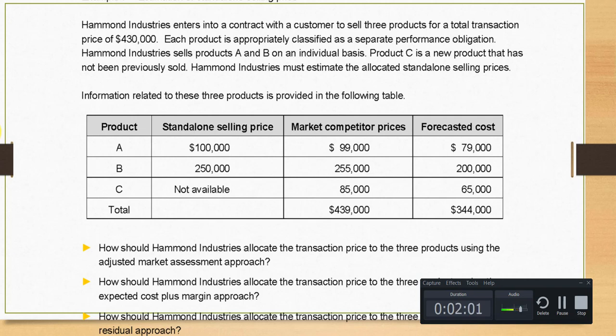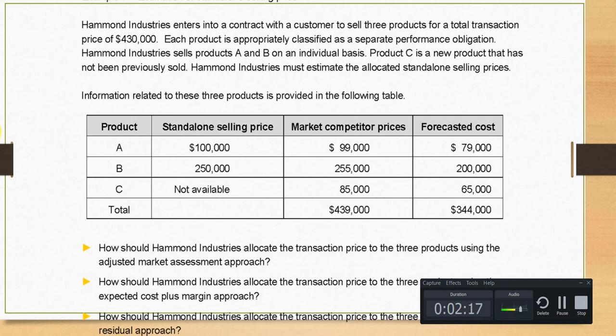The guidance gives us 3 options when this is the case to estimate the prices for each of the products. So you see the 3 questions below. That's the 3 different ways that GAAP states can be used.